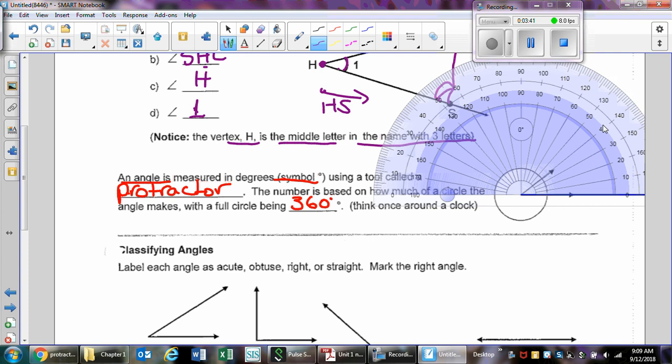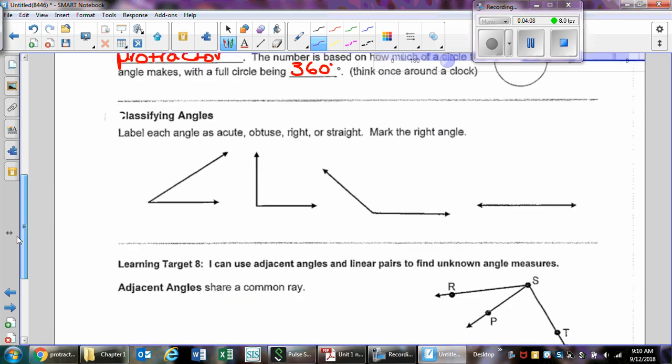This is about 40 degrees. You can notice there are two measurements, a 40 and a 140, and you know this is not going to be 140. It starts from 0, you go up, 10, 20, 30, so it's 40, or probably 39 if you want to be very precise. That's how you measure an angle using a protractor.